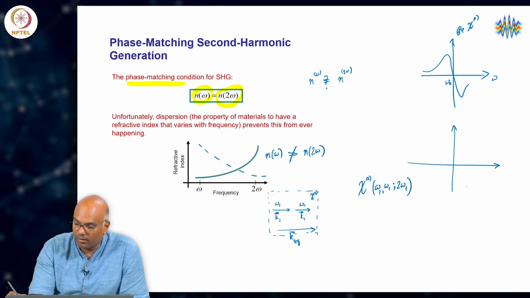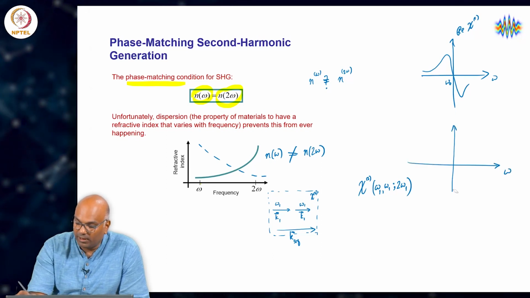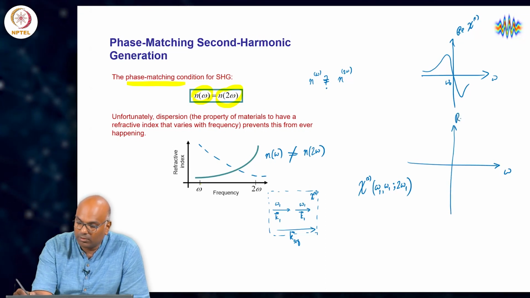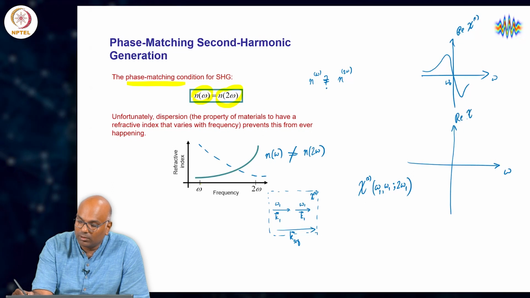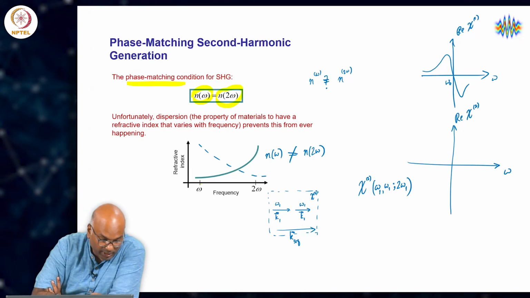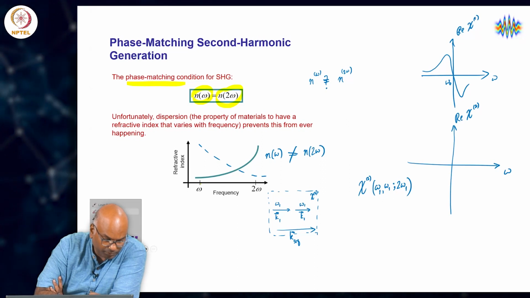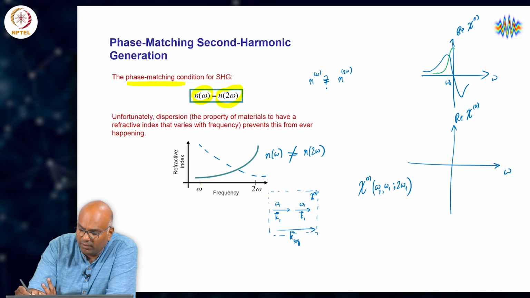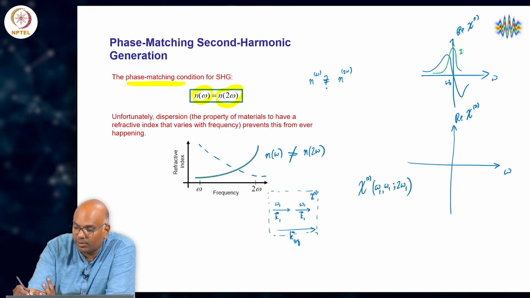a frequency dependence of the real part of chi 2 as well. You also have the imaginary part; the green would be the imaginary part of chi 1.